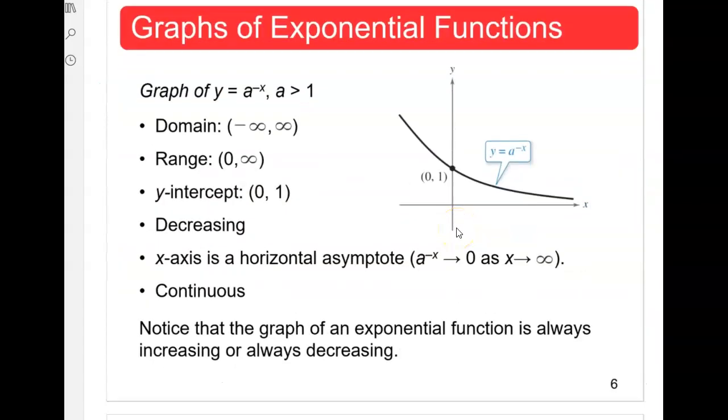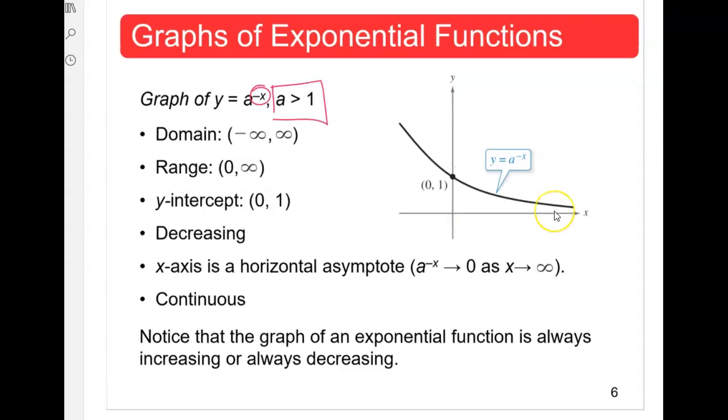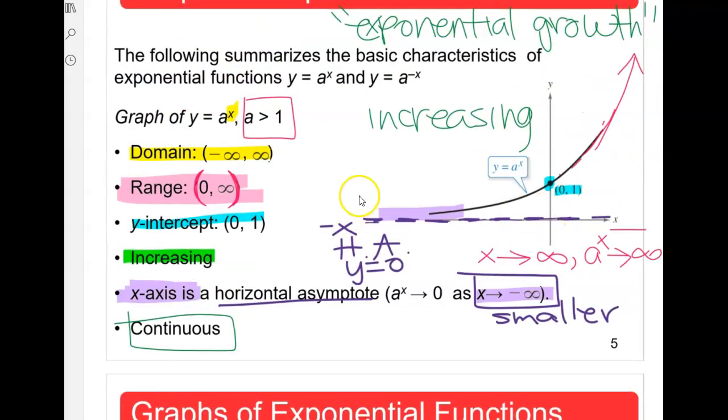Now, if we change that base to something, well, okay, we're still claiming it's bigger than 1, but we change the exponent to negative, then the graph is going to be a reflection of the previous one. Remember, if you change the x to negative, let's pick a point here. So let's say that we have 2, 4.